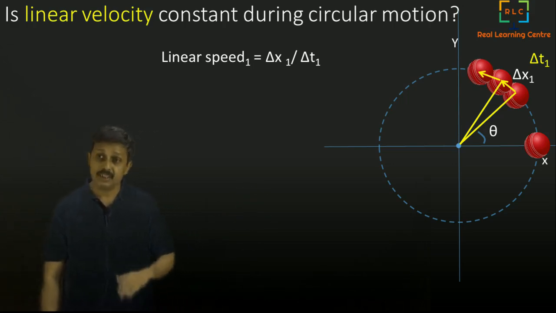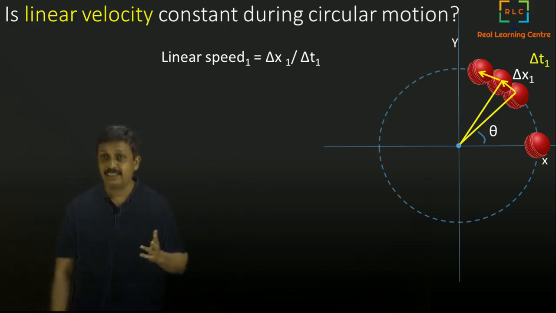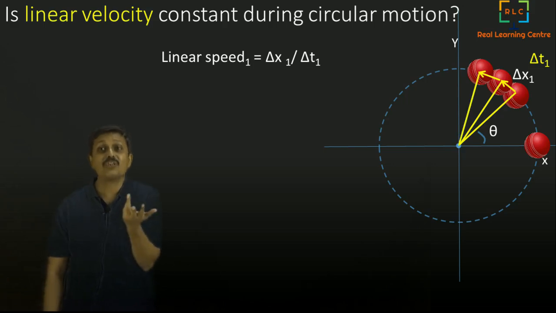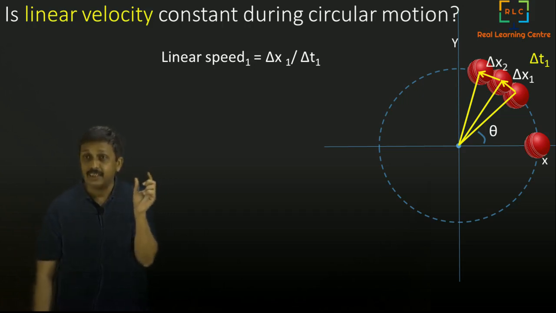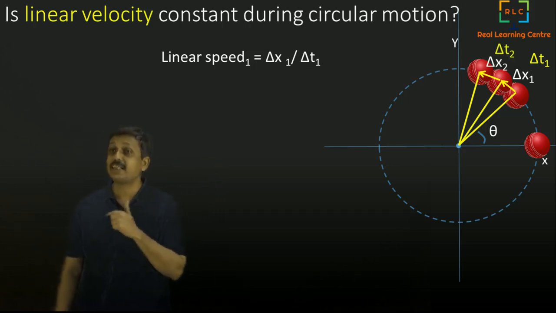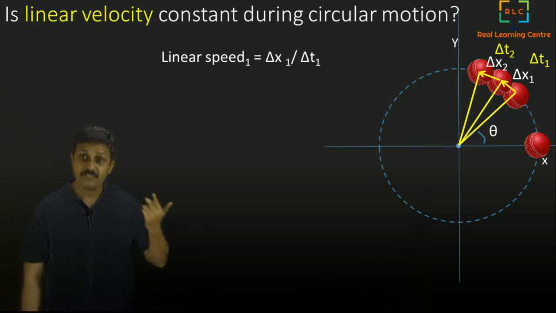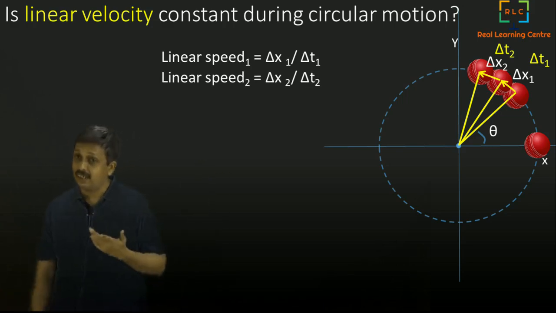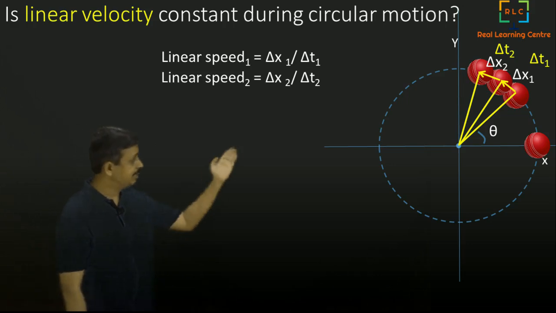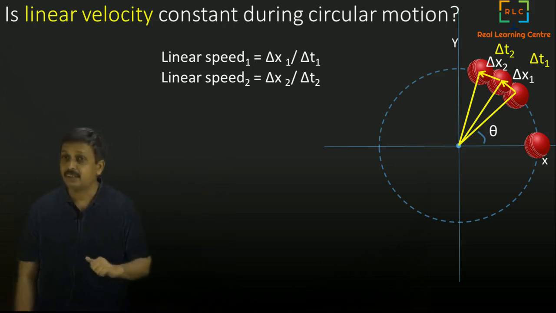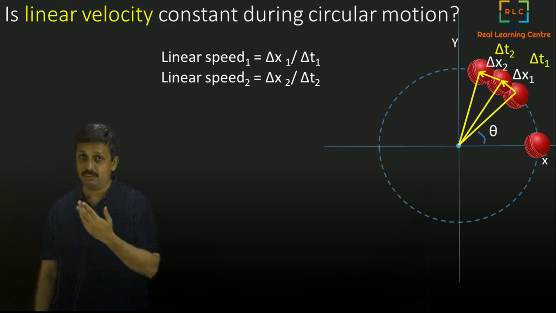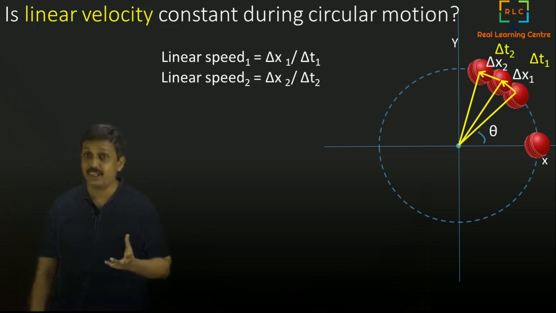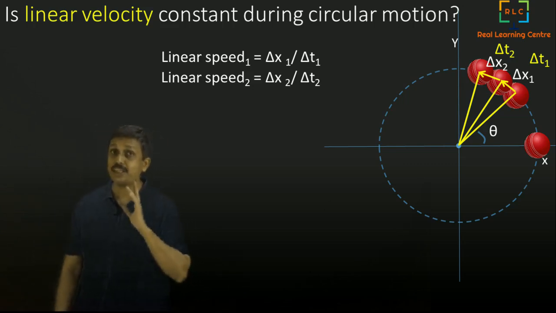Now, if you make the ball move a little bit more, in the next amount of time, let us say delta t2, then the distance it has moved is delta x2 in the time delta t2. Again it is straightforward. The linear speed at this point is delta x2 divided by delta t2. If it is a uniform circular motion, meaning speed is not changing, these two values happen to be equal.